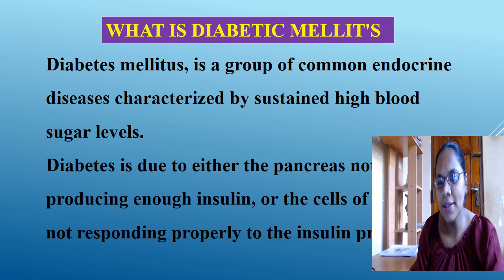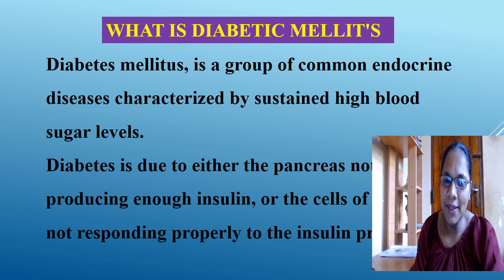Diabetes is due to either the pancreas not producing enough insulin or the cells of the body not responding properly to the insulin produced. This is the definition of diabetes mellitus.